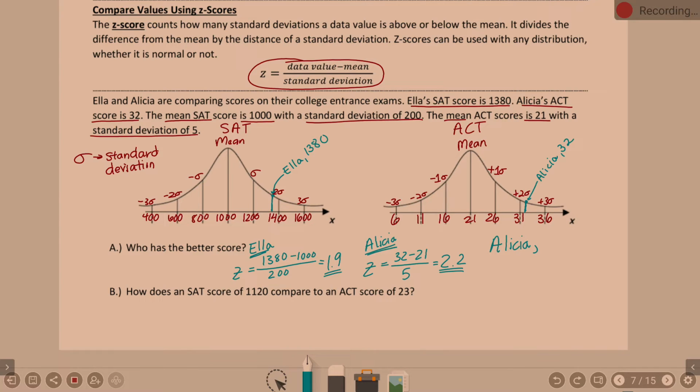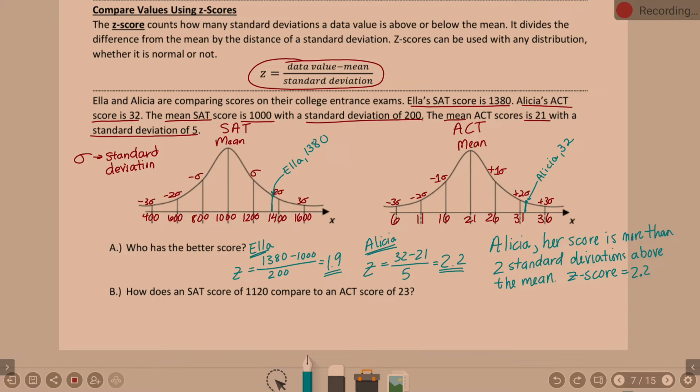Okay? So I'm going to say her score is more than 2 standard deviations above the mean. And if you want, you can say z-score is 2.2.